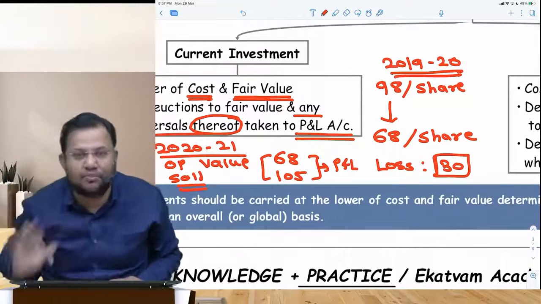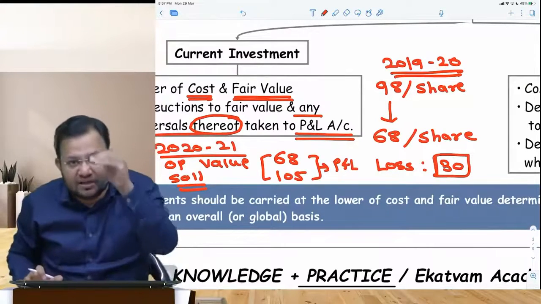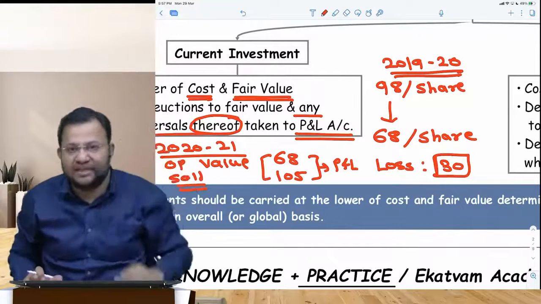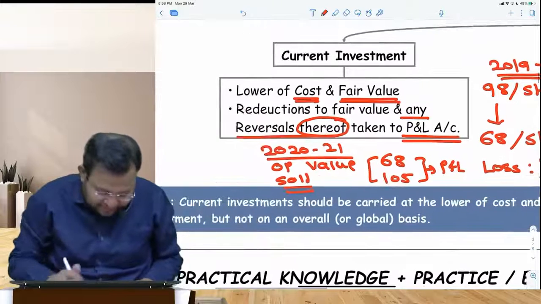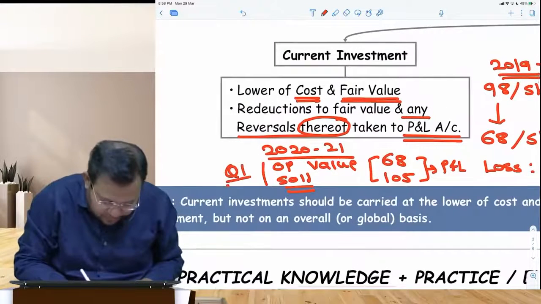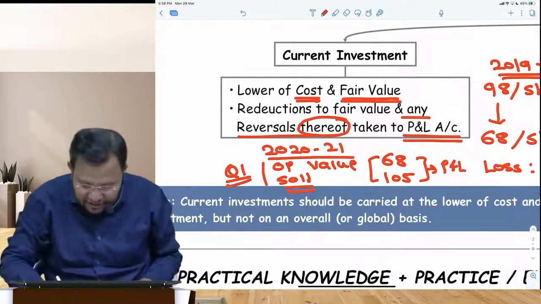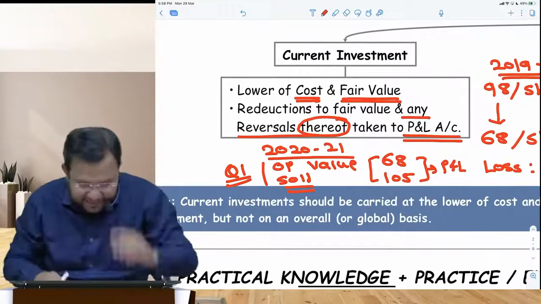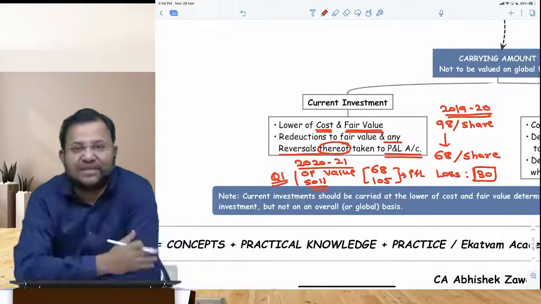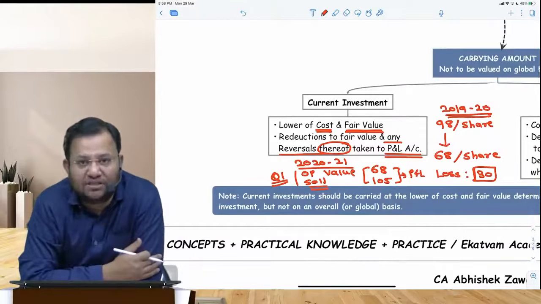Up to 98, I will credit the amount to P&L. The 7 rupees above 98 will not be recorded because it is an unrealized profit. So let's say in Q1 of 2020-21, the closing value went to 105, so 30 will be credited to P&L. So current investments are valued at lower of cost and fair value.